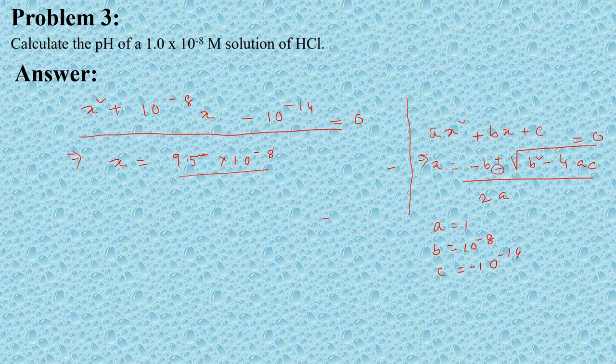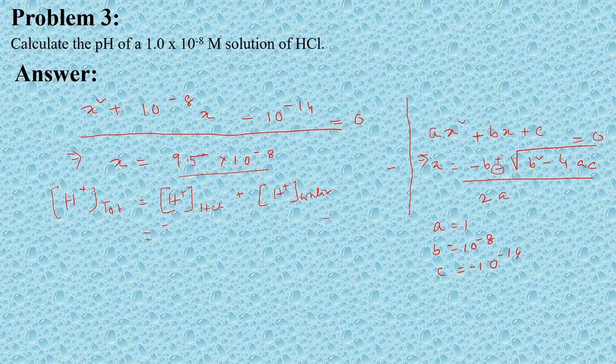Once we have x, we can easily identify H plus total. What was the equation? H plus total was H plus from HCl and H plus from water.